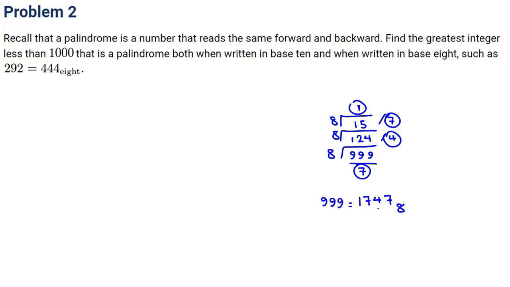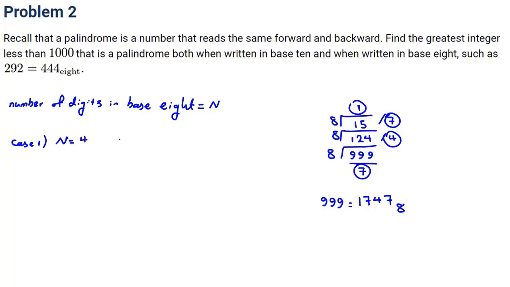So at first, for the number we want to select, we consider the number of digits in base 8. Case 1: suppose this variable, we call it n, is 4.